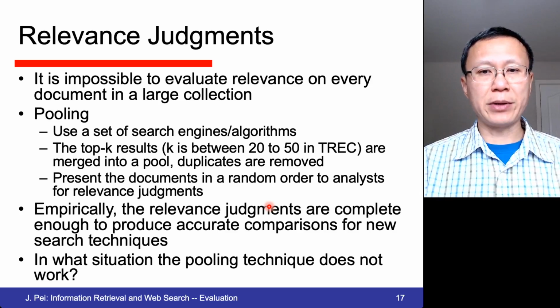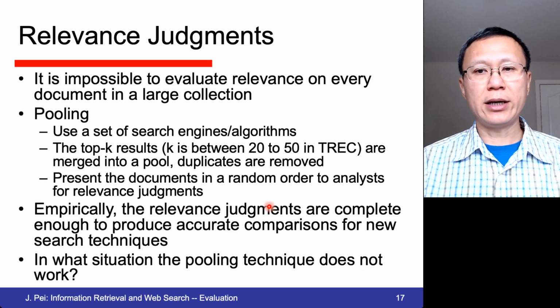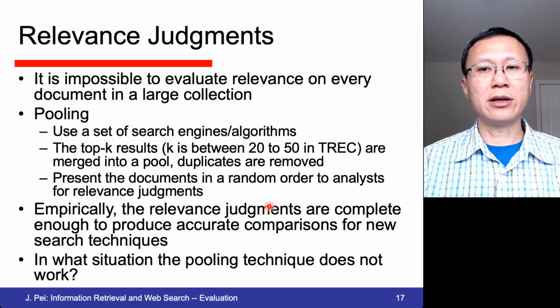The idea behind this is that hopefully those top results produced by the search engines and algorithms contain a good number of relevant documents. This, to some extent, is similar to the idea of pseudo user feedback.